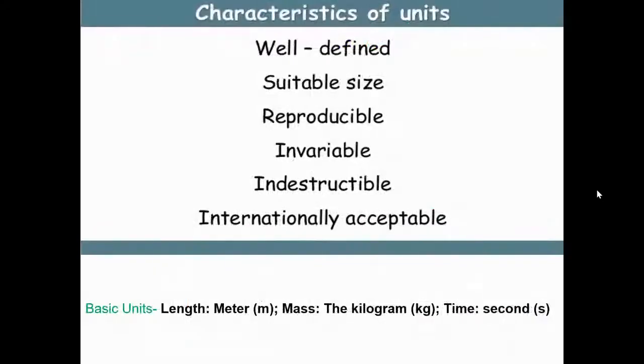Now you can see here what the characteristics of a unit are, because I told you in physics without a unit it is meaningless. So if you are using a unit, what are its characteristic features? You can see it is well defined. What is the meaning of well defined? Just before, I asked you the height, and you said 177 centimeter.